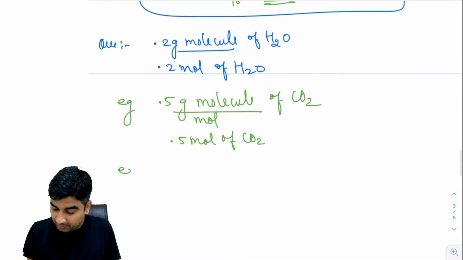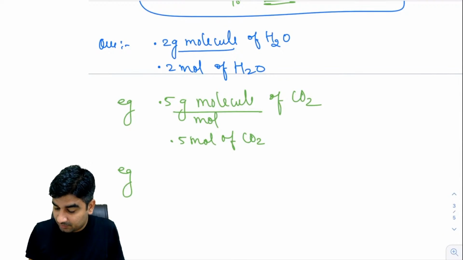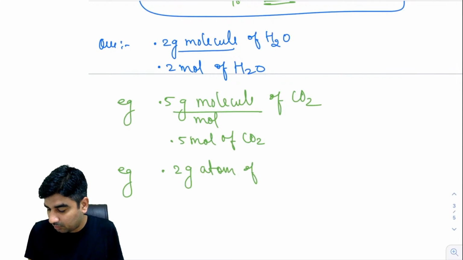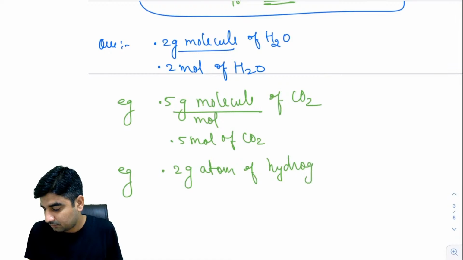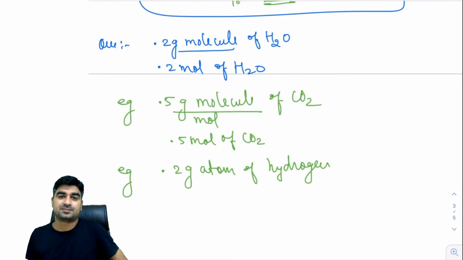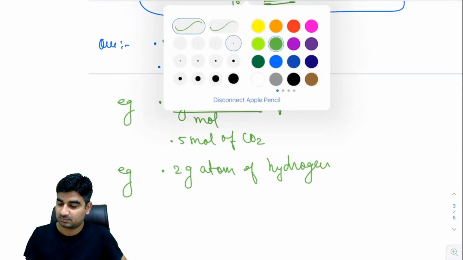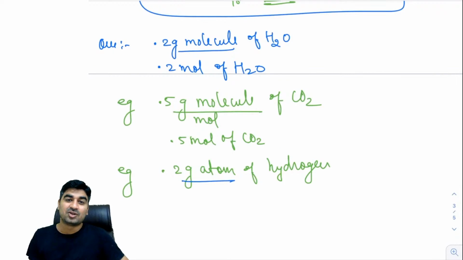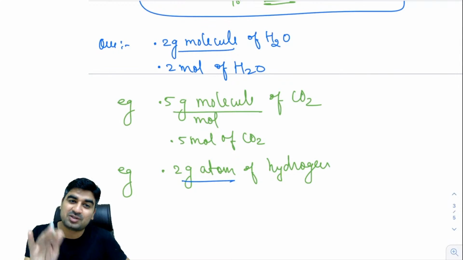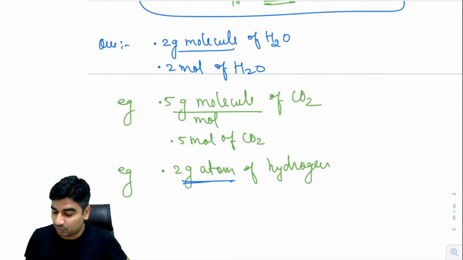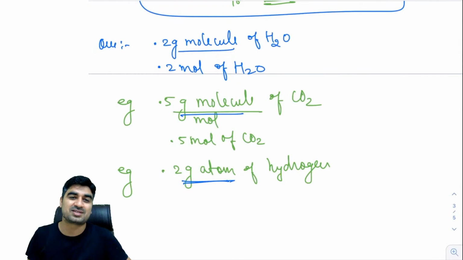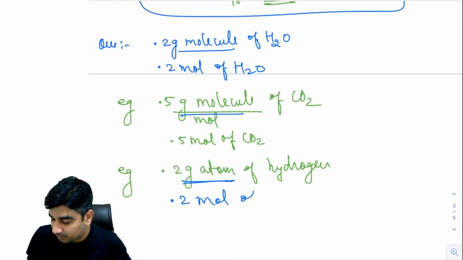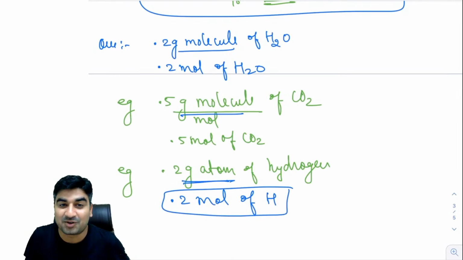So if I write 0.2 gram atom of hydrogen, then what does it mean? Again, underline this gram atom. So gram atom or gram molecule is basically mole. It is mole of atoms, it is mole of molecules. So I will take it as 0.2 mole of hydrogen atom.